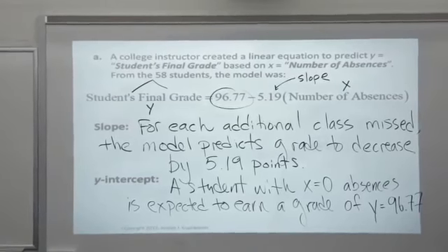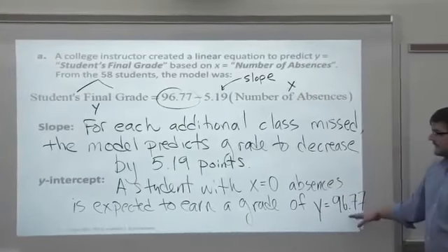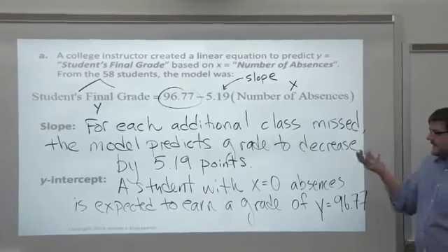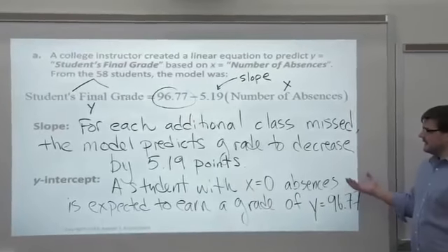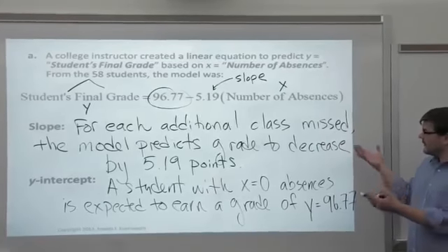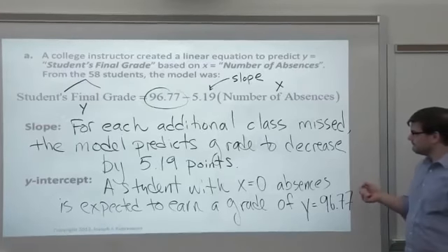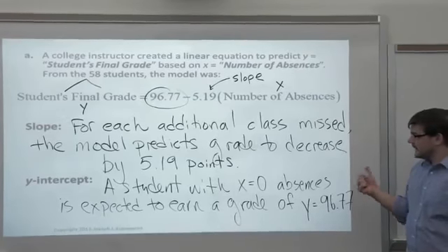A student with x equals 0 absences is expected to earn a grade of y equals 96.77. The data is telling us these facts. These are our best guesses for all students who might take this course. But remember, this equation is based on the data that the instructor collected. All right, A is done.